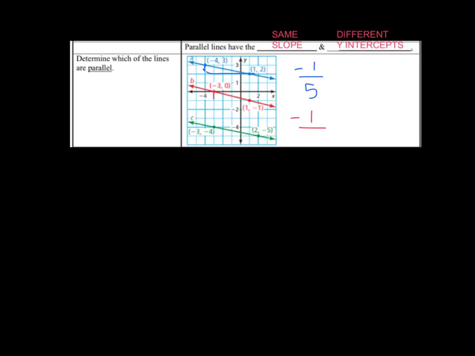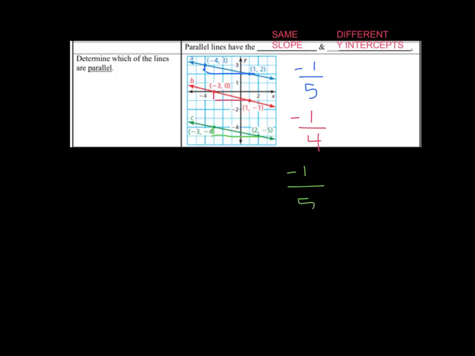And when you run on this one, you run 1, 2, 3, 4. So that has a -1/4 slope. For line C, you fall 1, so once again we have that -1 in our numerator, and we run, let's count that, 1, 2, 3, 4, 5.